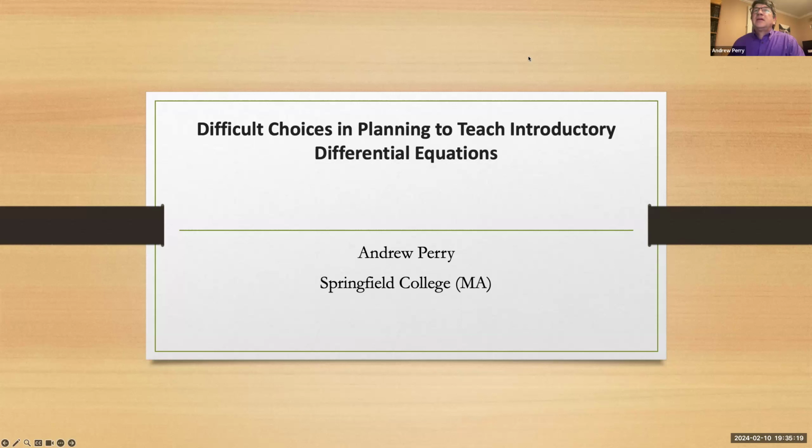But I think the choices are particularly difficult in differential equations because there's such a wide gulf between the possibility of teaching a course in a more traditional method versus using all the technology that we have today. And also there's a dichotomy between being more theoretical and more modeling oriented.